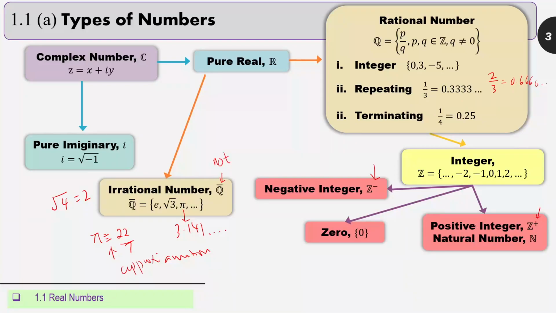At the same time, a positive integer is also called a natural number, or some books say natural numbers are called counting numbers. Why is it called a counting number? Because you can count with your fingers.